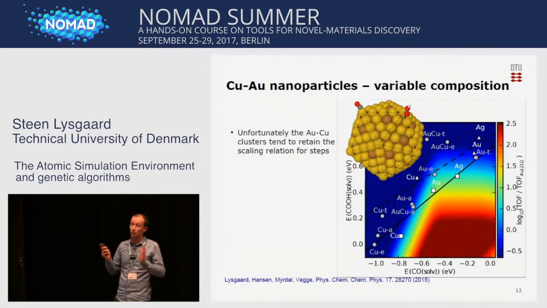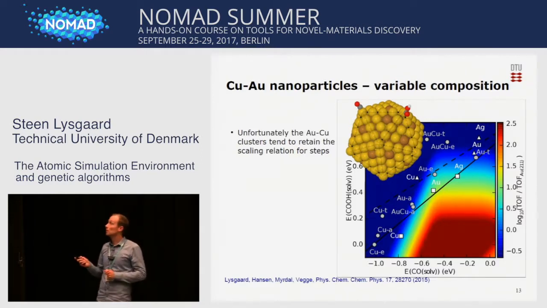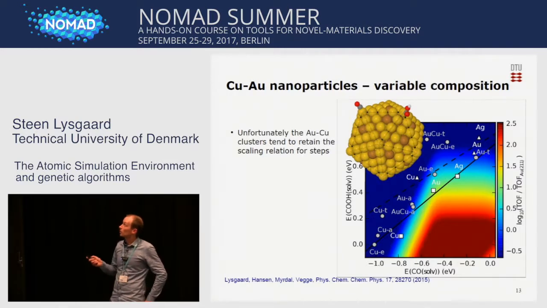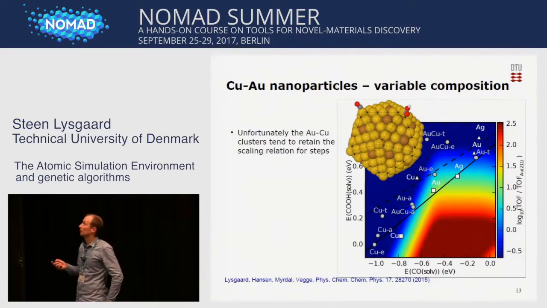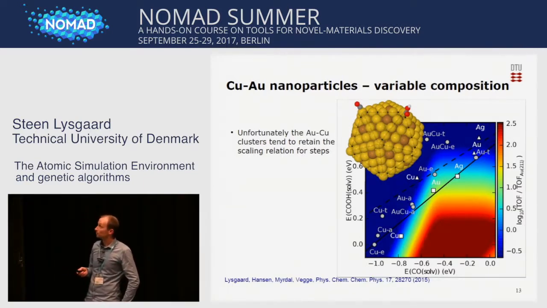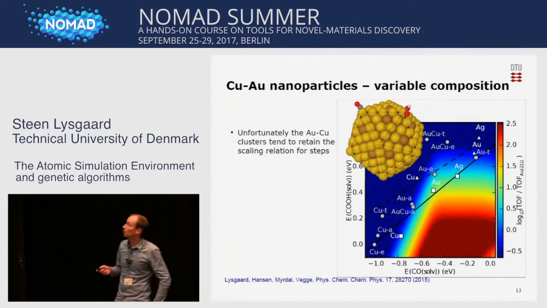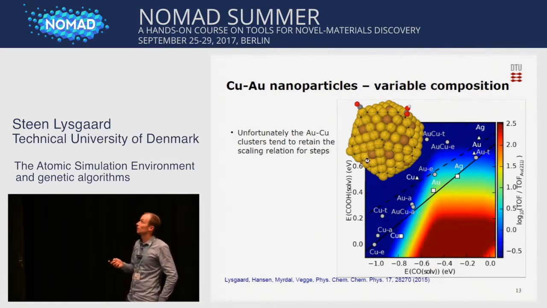But unfortunately for pure metals, these two energies scale, so you can't really cross this line if you just use pure metals. And apparently for this particle, the binding energies also did not break this line that came from extended surfaces. So that was a shame, but it was a nice example.